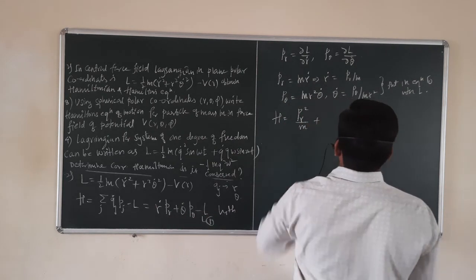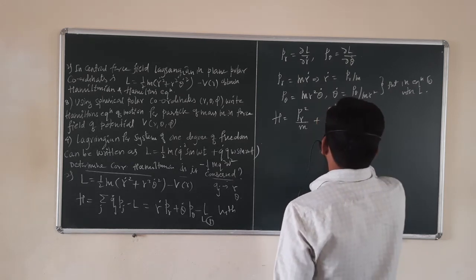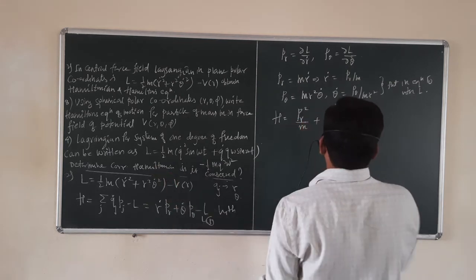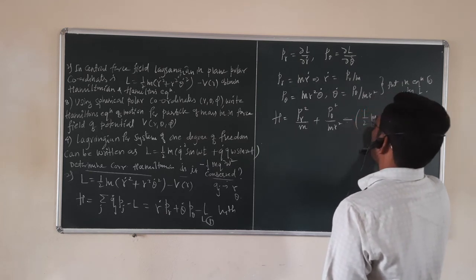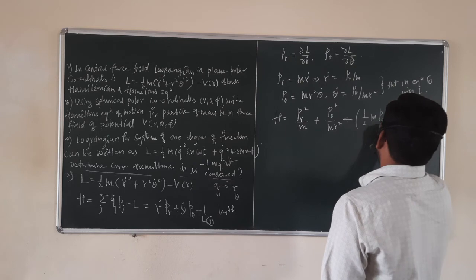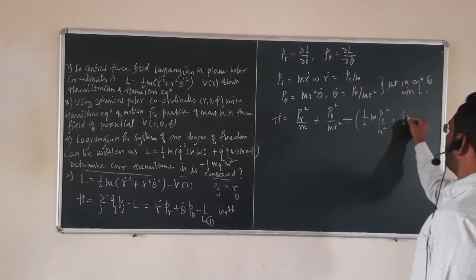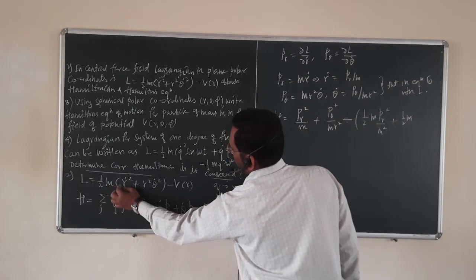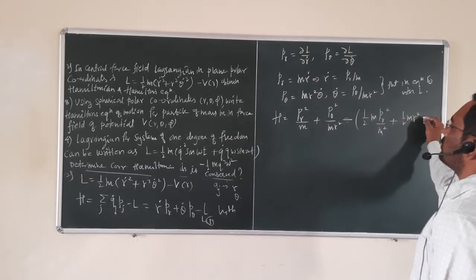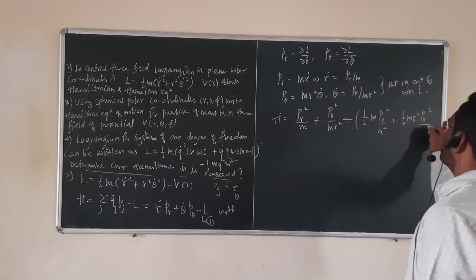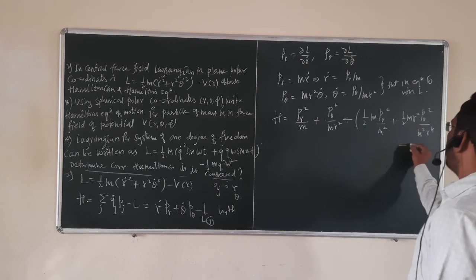So theta dot is p theta upon m r square, so p theta square divided by m r square, minus the Lagrangian. The Lagrangian is what? 1 half m into r dot square. So r dot square is pr square divided by m square, plus 1 half m r square into theta dot square. So theta dot square becomes p theta square divided by m square r raised to 4, and minus V of r.